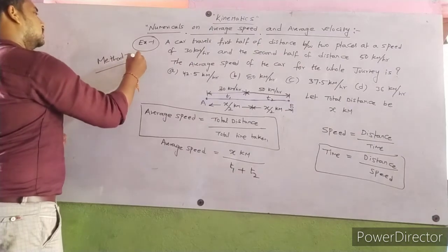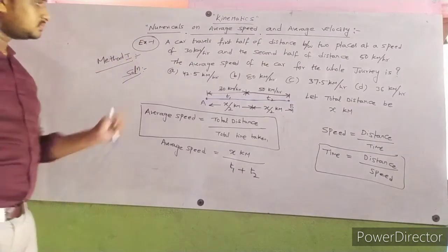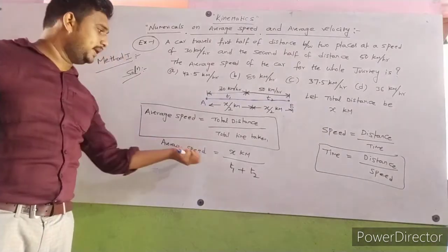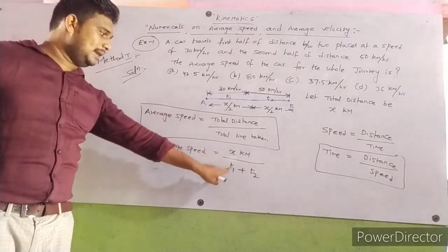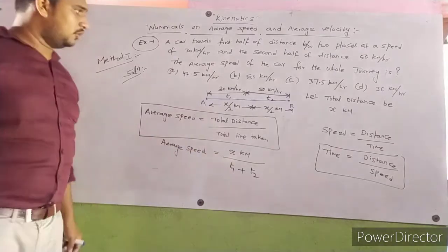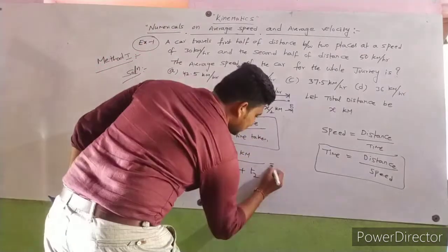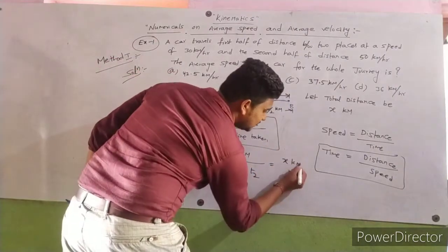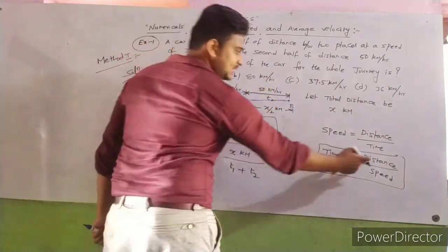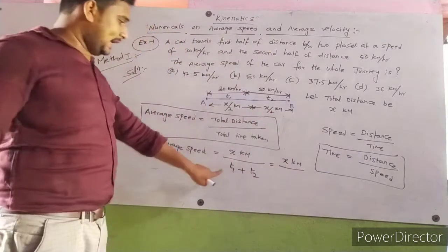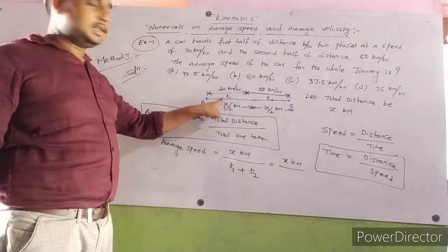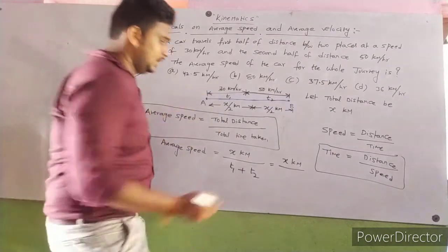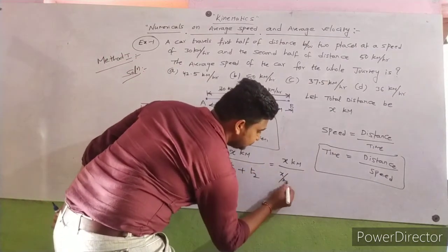Second method I will discuss is very easy, a single step, but listen to this method carefully. Average speed is equal to x kilometers over t1 plus t2. Here the total distance is x kilometers. Time t1 is distance by speed, where distance is x by 2 and speed is 30, so x by 2 by 30.